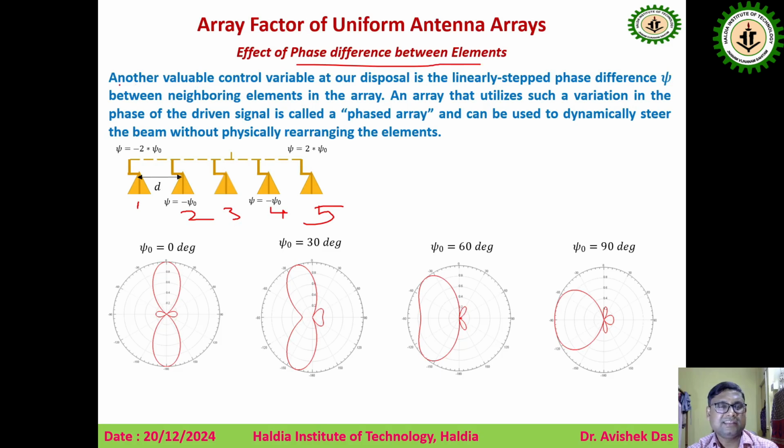Look here, it is written: another valuable control variable at our disposal is the linearly stepped phase difference psi between the neighboring elements in the array. An array that utilizes such a variation in the phase of the driven signal is called a phased array and can be used to dynamically steer the beam without physically rearranging the elements.